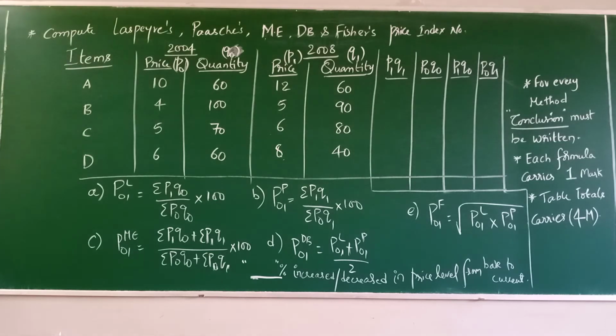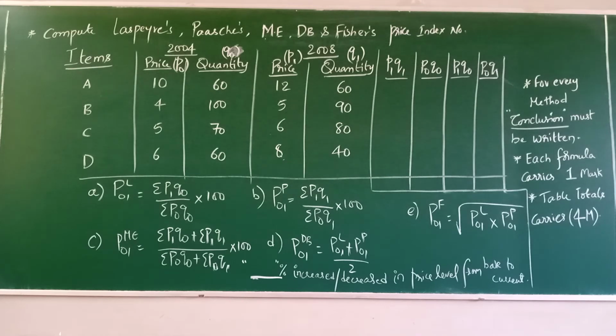Then the third one, Marshall-Edgeworth. Generally what we are doing here, the Laspeyres and Paasche, both numerators we are adding together, divided by both denominators of Laspeyres and Paasche added. Here both base and current year quantities are being used.